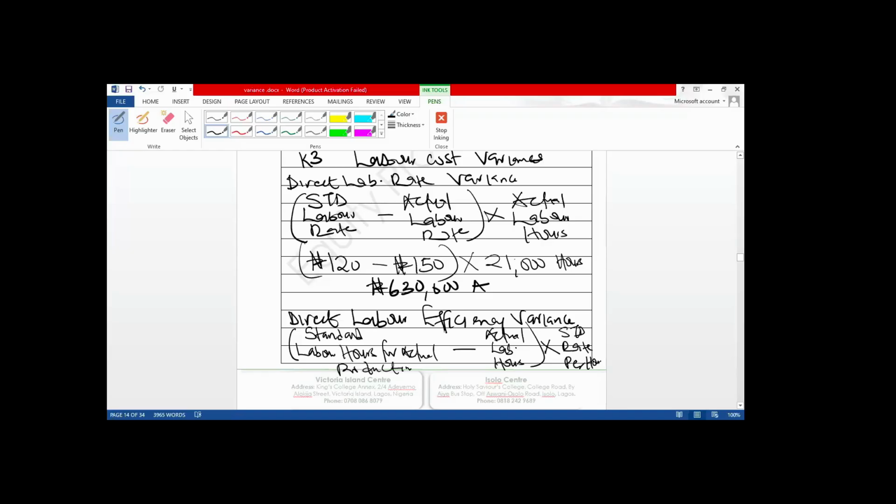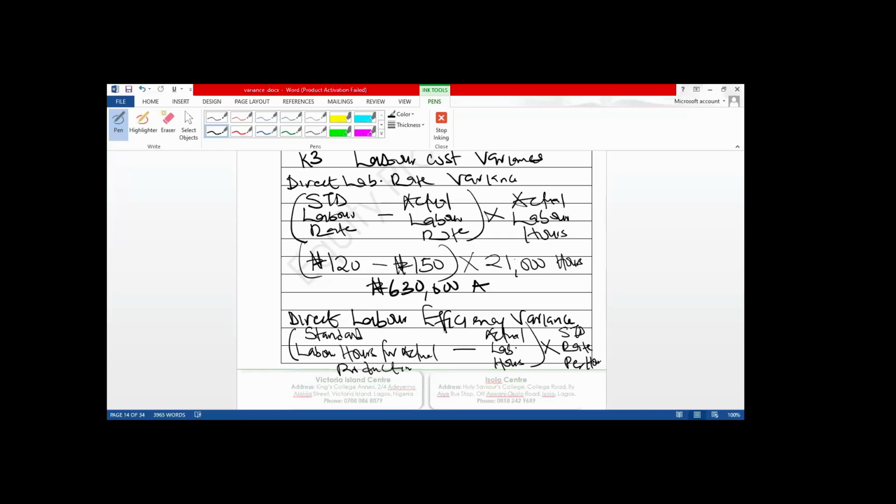Standard labor hours for actual production. Now ask yourself, what is the actual production? Actual production 2,800 units. Management said you should produce one for 10 hours. So if I have produced 2,800, how many hours am I supposed to use?